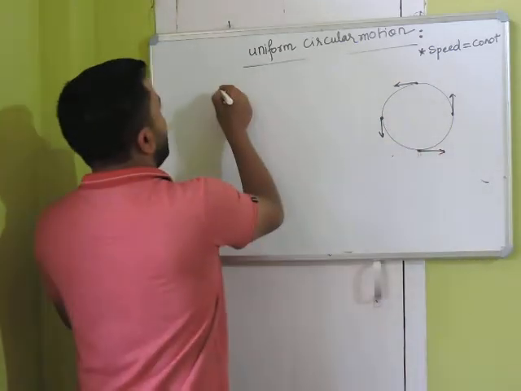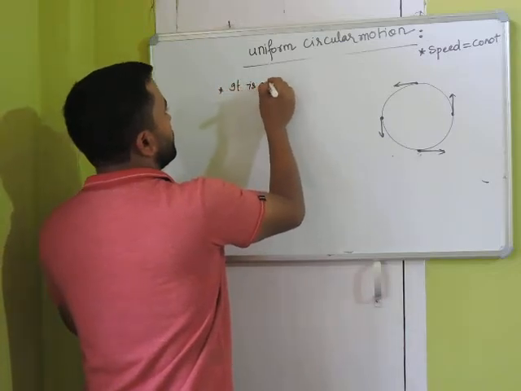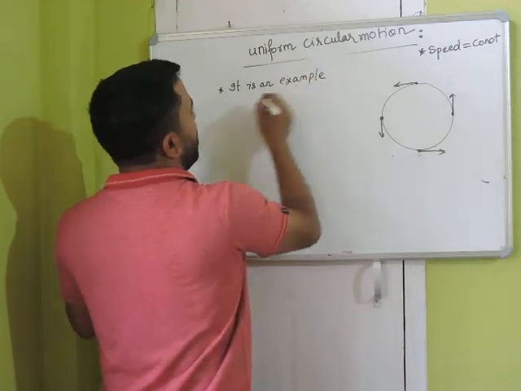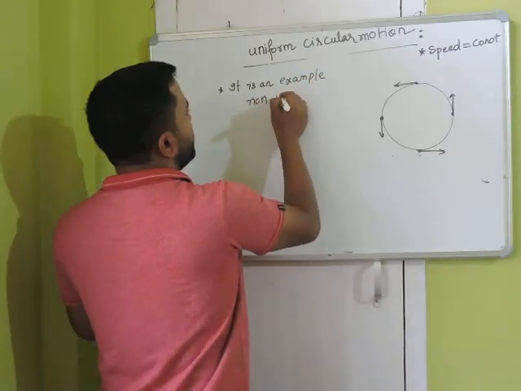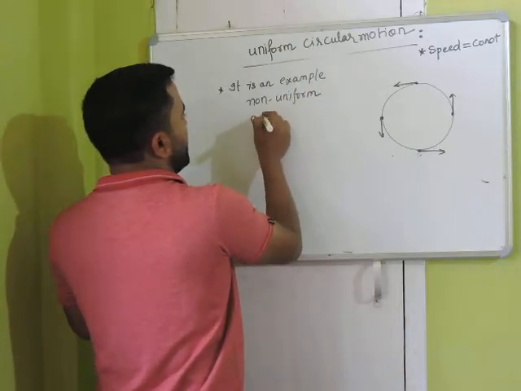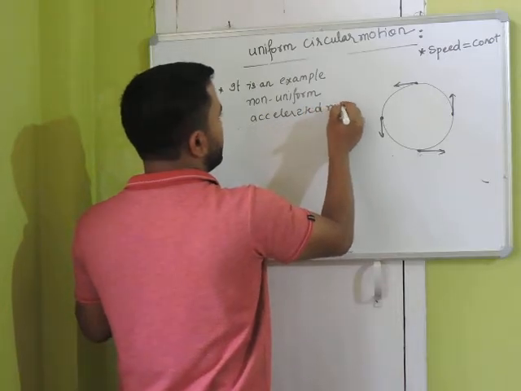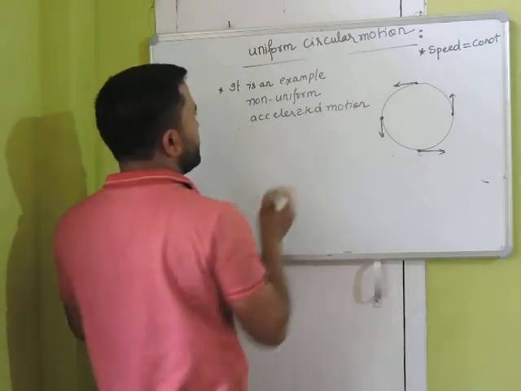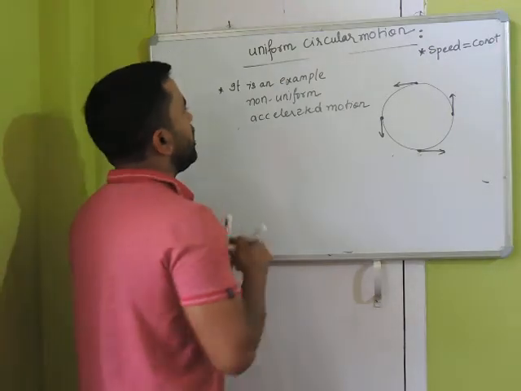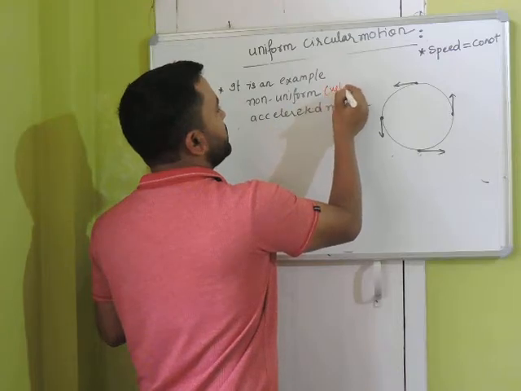So uniform circular motion is an example of non-uniform accelerated motion. Non-uniform, the reason being, as I told you, that velocity is changing.